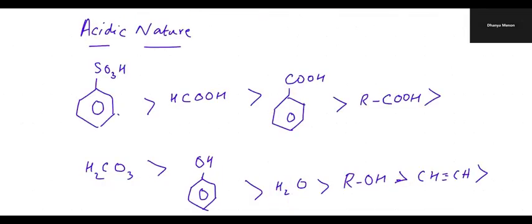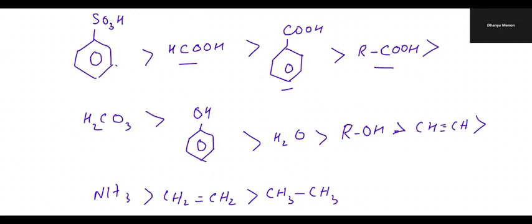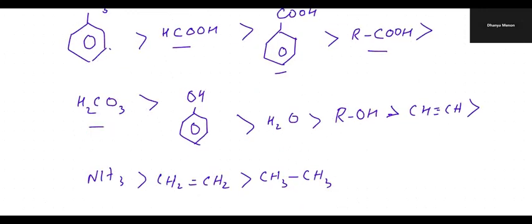Sulfonic acid is more acidic than formic acid, which is more acidic than benzoic acid, which is more acidic than alkyl acid. Then which is more acidic than carbonic acid, then alcohol, then water, then this is the normal alcohol. Then this is the acetylene, then ammonia.